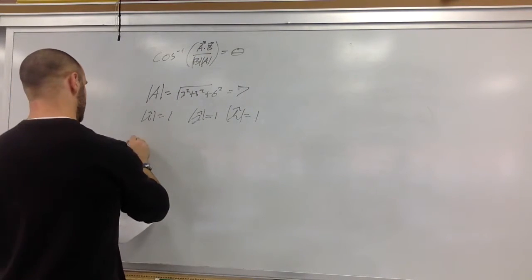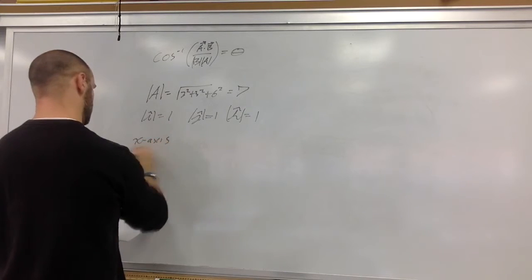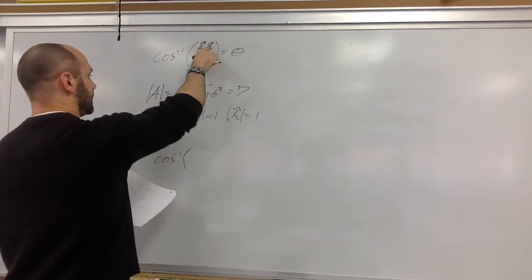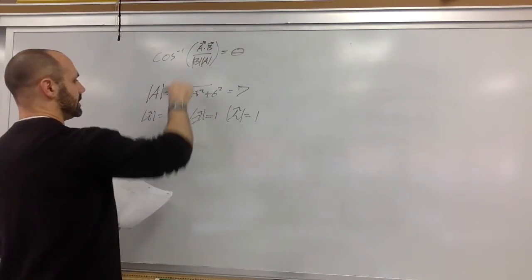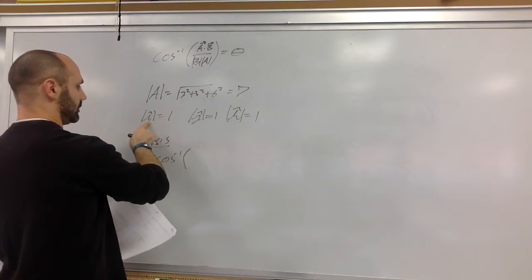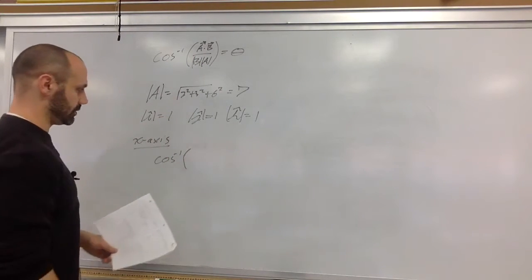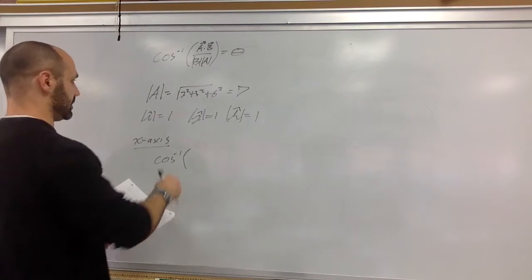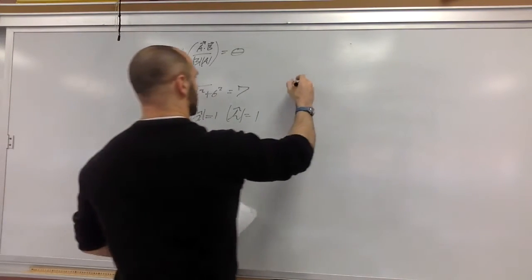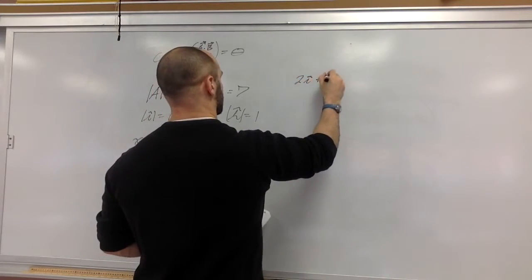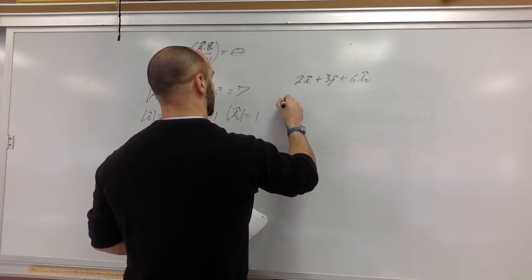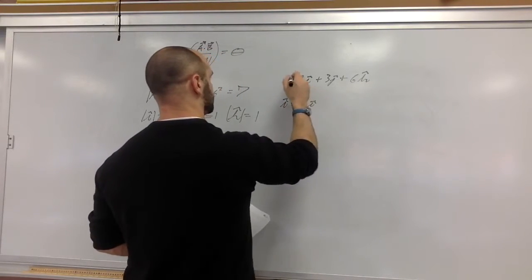So for the x-axis, I do inverse cosine of a dot b. So when I do a dot b, what am I doing? I'm taking the dot product of a with the i unit vector. And so this ends up just being 2, because if a is 2i plus 3j plus 6k, i is just 1i.